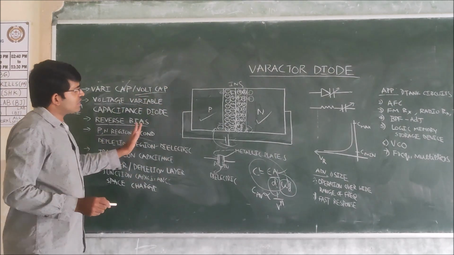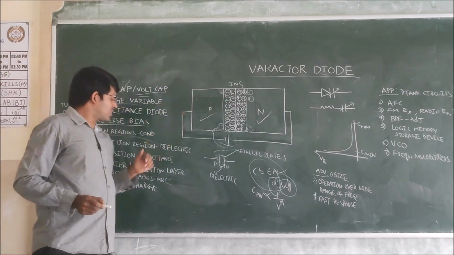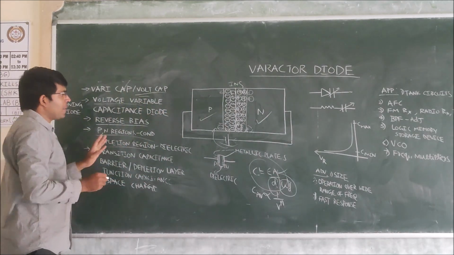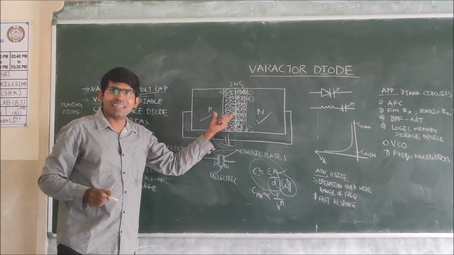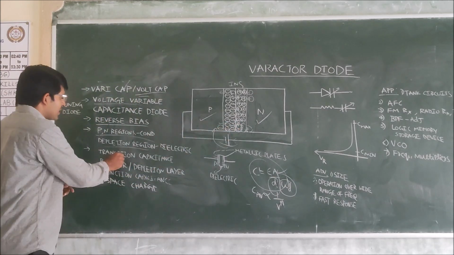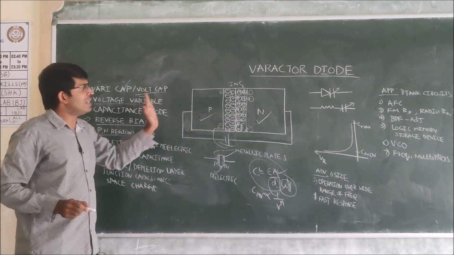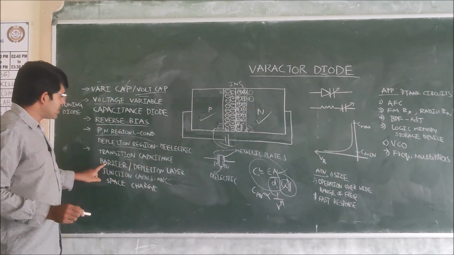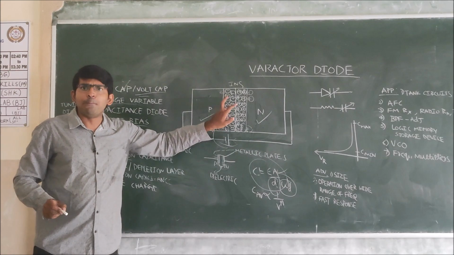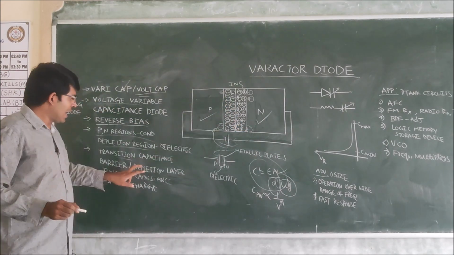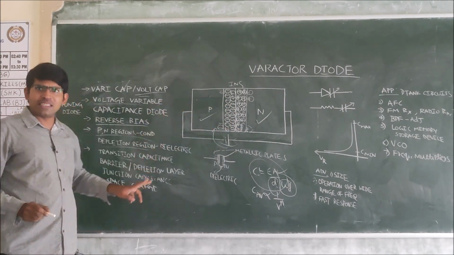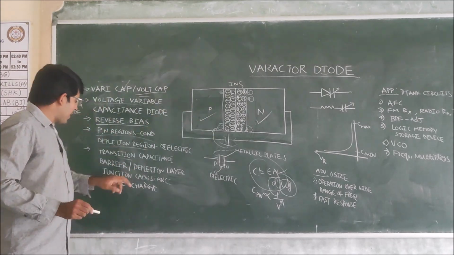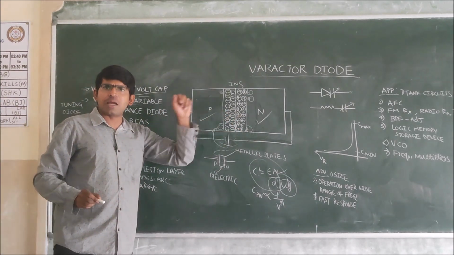The P and N regions are acting like conductors, as we have discussed, and the depletion region is acting like a dielectric. Now this capacitance is called transition capacitance, and it is also called barrier capacitance, depletion layer capacitance, junction capacitance, space charge capacitance.